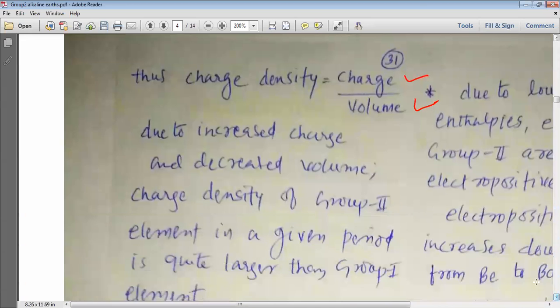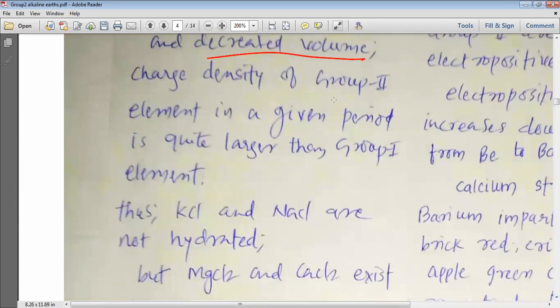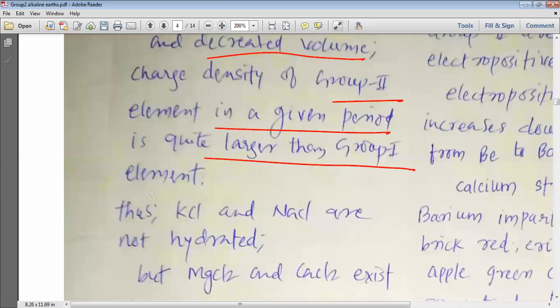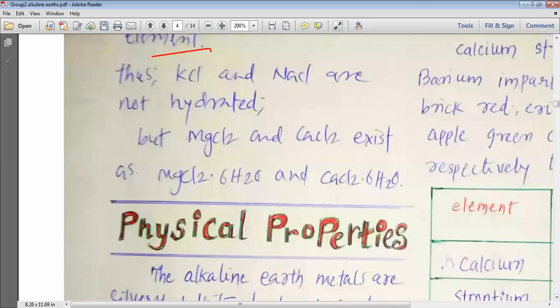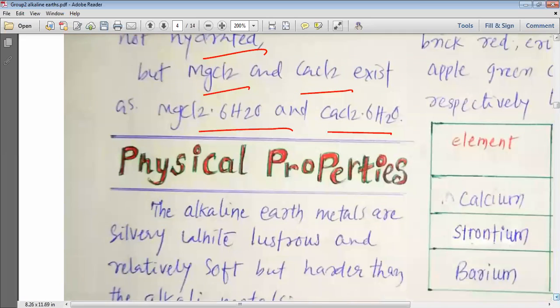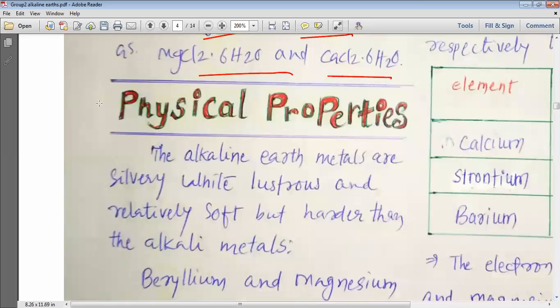Due to the increasing charge and decreasing volume, the charge density of group 2 elements in a given period is quite larger than group 1 elements, and thus KCl and NaCl are not hydrated, but MgCl2 and CaCl2 exist as hydrated salts like MgCl2·6H2O and CaCl2·6H2O. Now let us study the physical properties of alkaline earth metals.